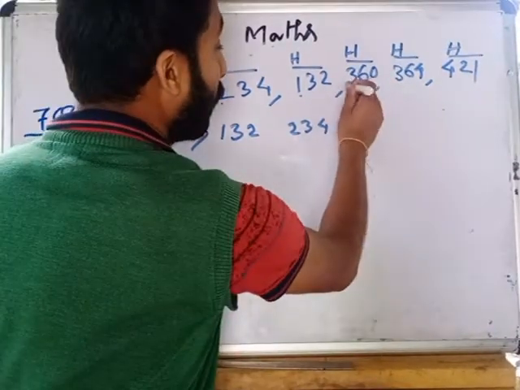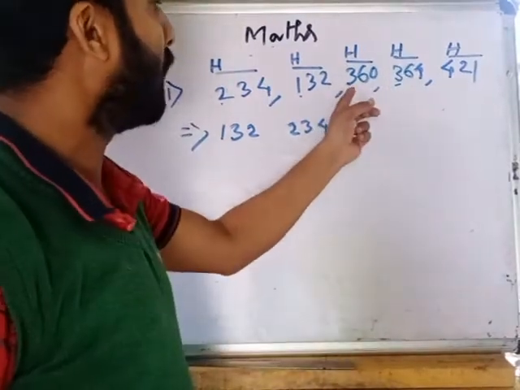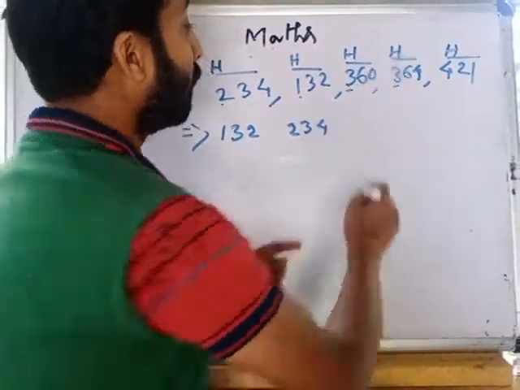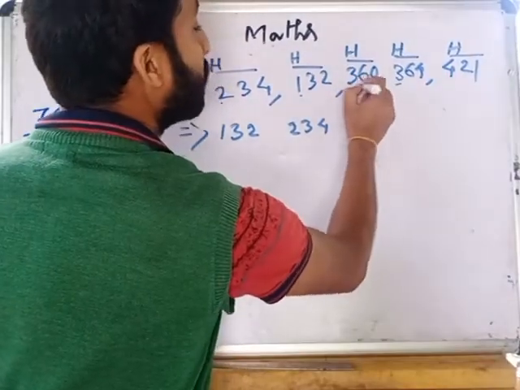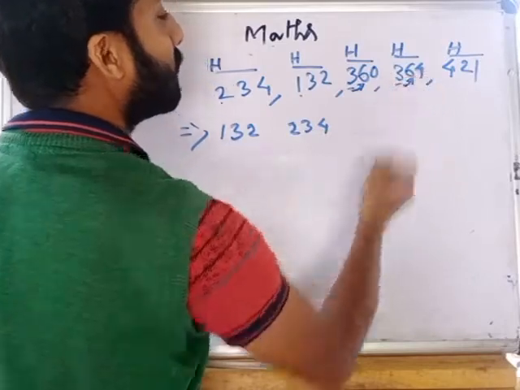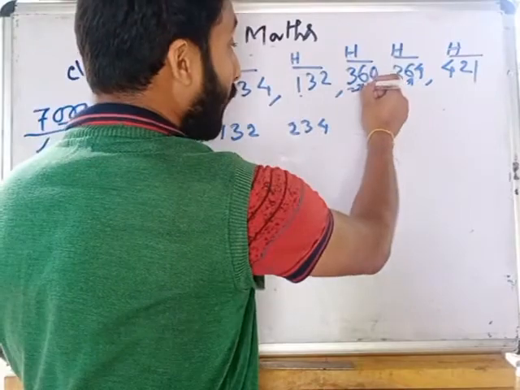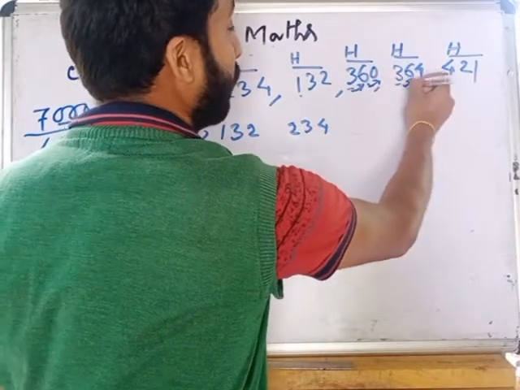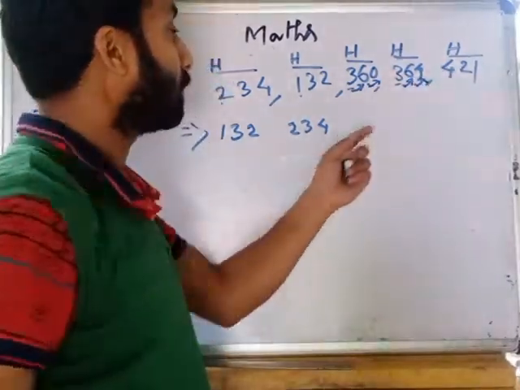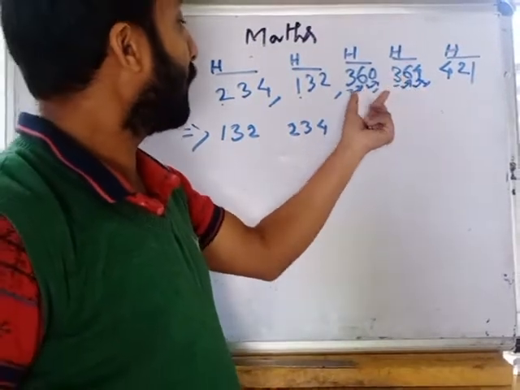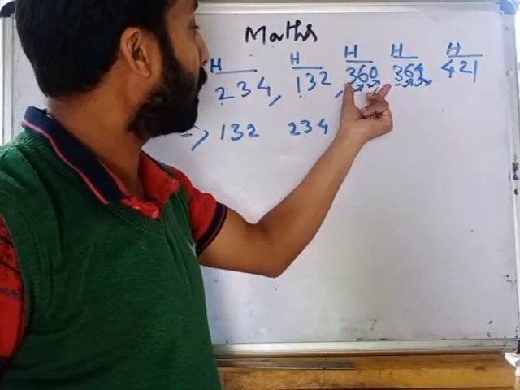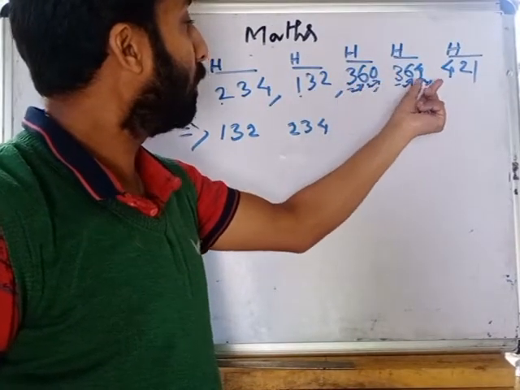If the 100th place digit is the same, after that we should go to the 10th place digit. The 10th digit is also the same. After that we should go to the 1's place digit. The 1's digit is 0 here, but here is 4.